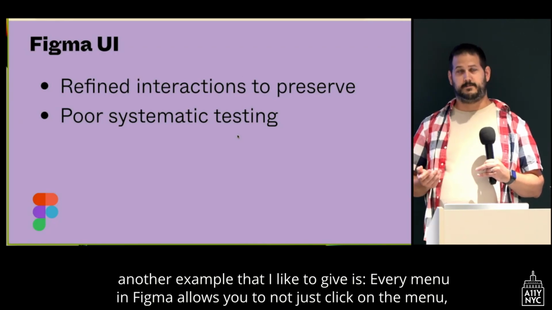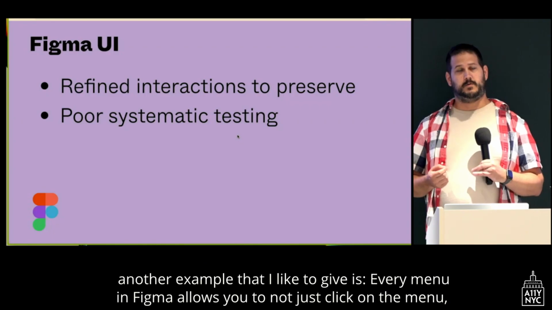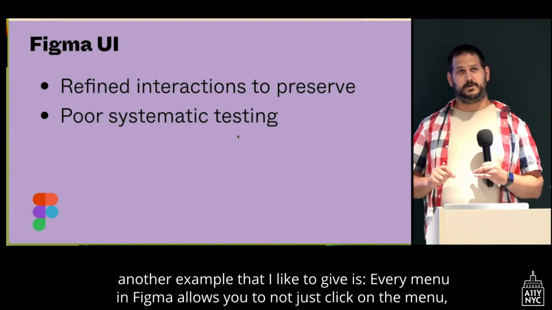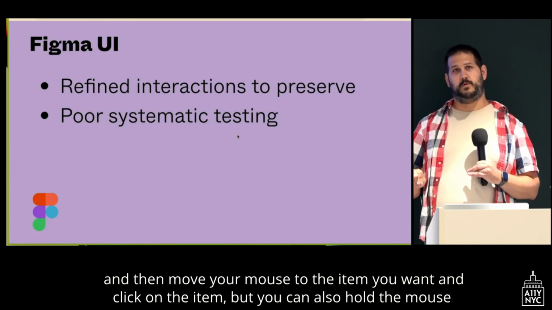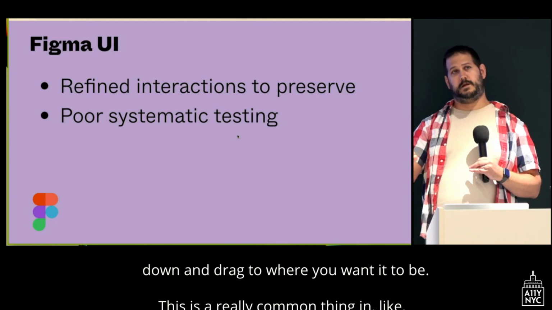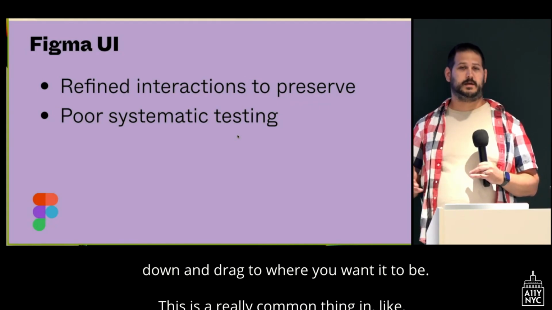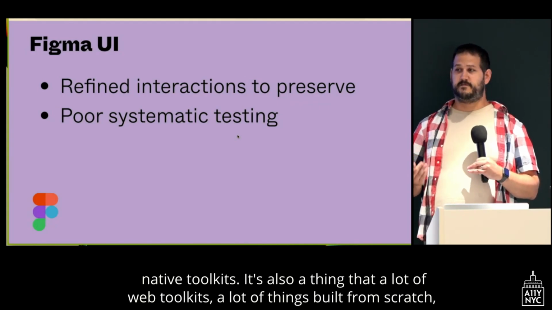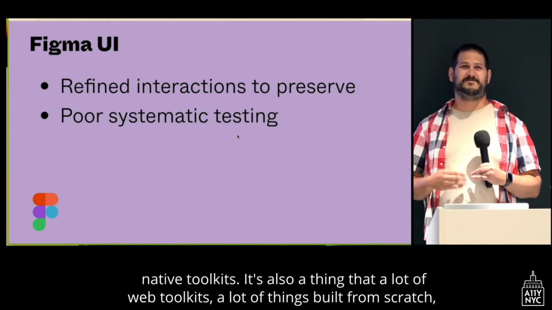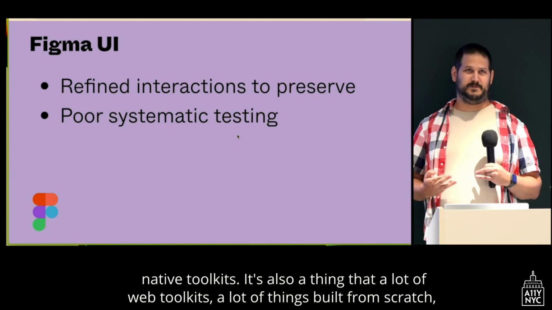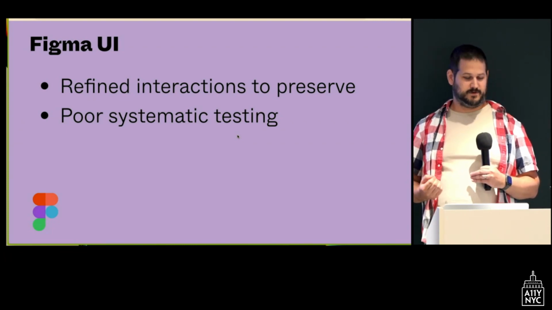Another example that I like to give is almost every menu in Figma allows you to not just click on the menu and then move your mouse to the item you want and click, but you can also hold the mouse down and drag to where you want it to be. This is a really common thing in native toolkits. It's also a thing that a lot of web toolkits, a lot of things built from scratch, don't always provide.